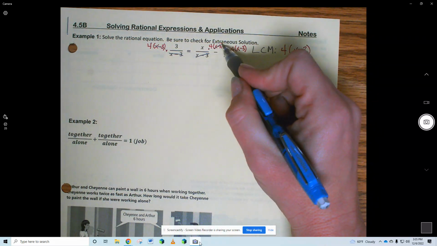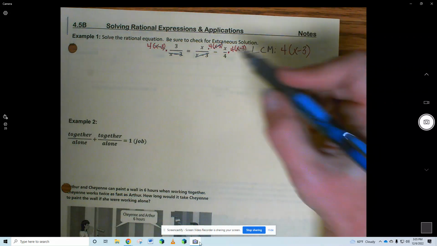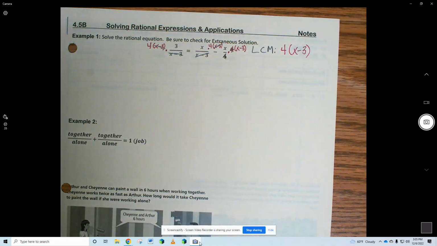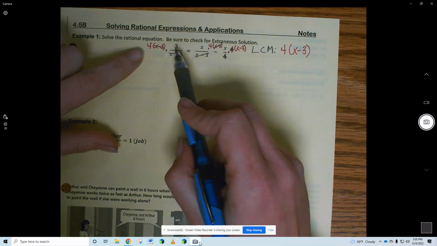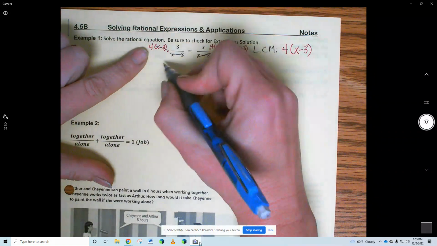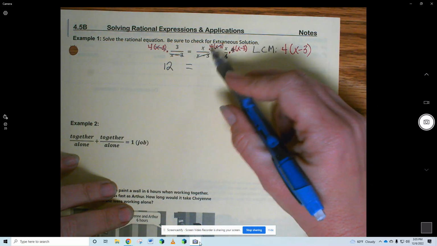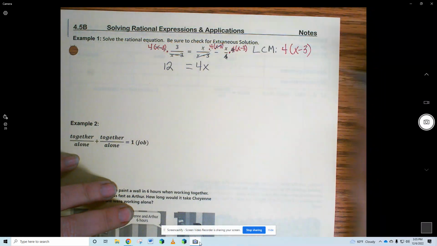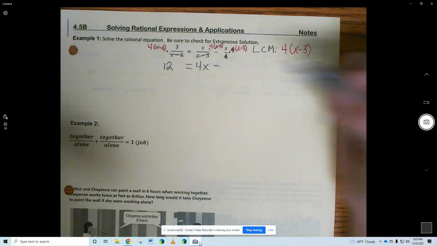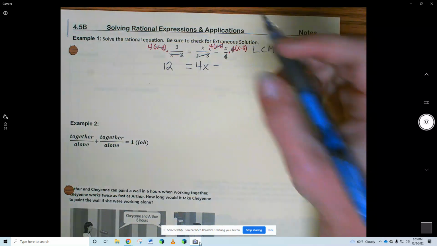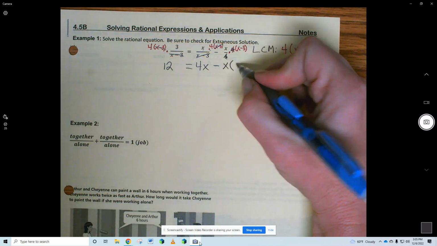X minus 3 and x minus 3 in the middle. And a 4 and a 4 there. So that means that I'm going to get 4 times 3 first there, 12. X times 4 here, 4x. Minus, now I need to be really careful because I need to do x times x minus 3.